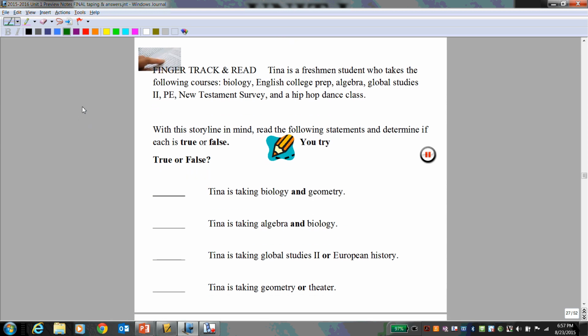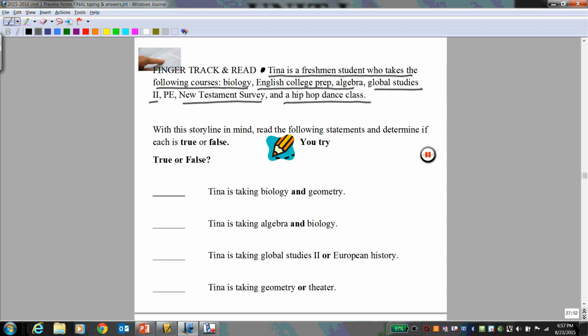Ready? I'd like you to put your finger right here. I'd like you to finger track and read this out loud. Your lips should move as I read this, and your fingers should track. Tina is a freshman student who takes the following courses: biology, English college prep, algebra, global studies 2, New Testament survey, and a hip hop class.